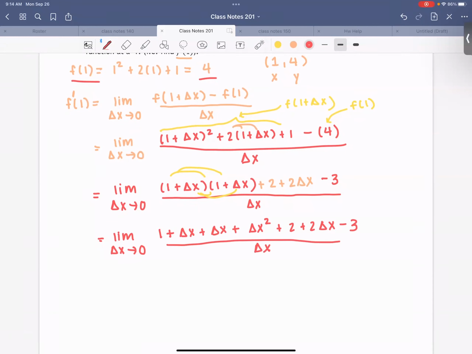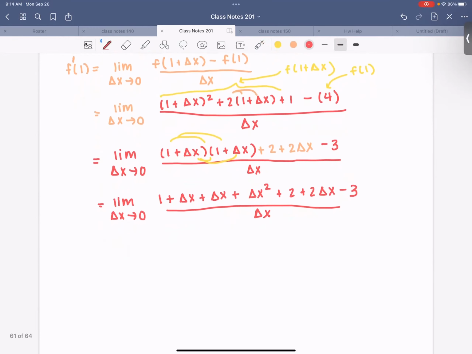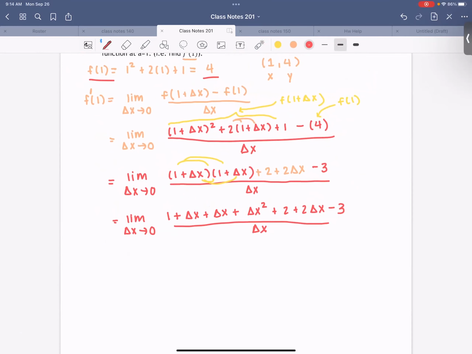That was the 1 minus 4 here. So I had a plus 1 and a minus 4. 1 minus 4 is negative 3. Lots of stuff to keep track of, right? Okay, so Michael said combine like terms, which is a good idea. It gets kind of hard when there's a lot of different stuff moving around though.